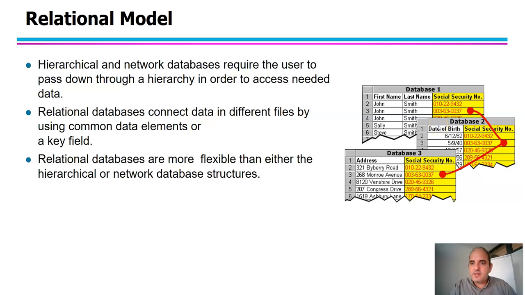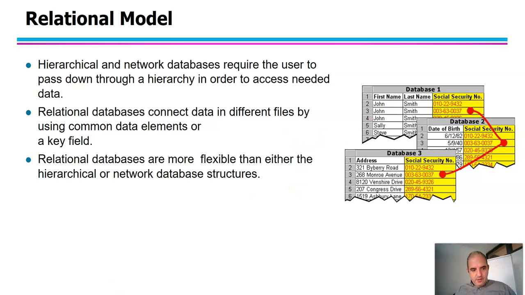And in database 2, we have date of birth and social security numbers. And here we have address and social security numbers. The social security numbers are common. So you can easily find which John Smith lives in which address and when he was born.